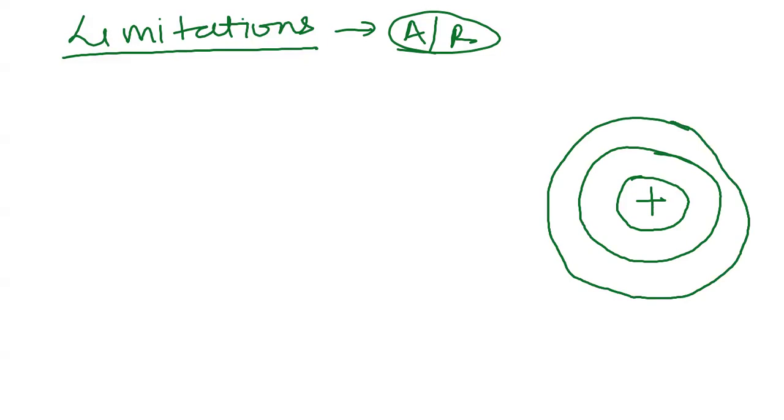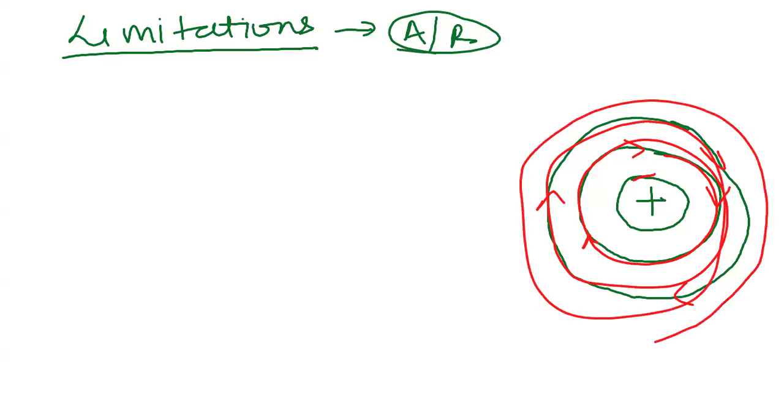But if electrons keep on rotating, then what will happen? It will continue to rotate, and finally it will fall. Why? Because it radiates energy.